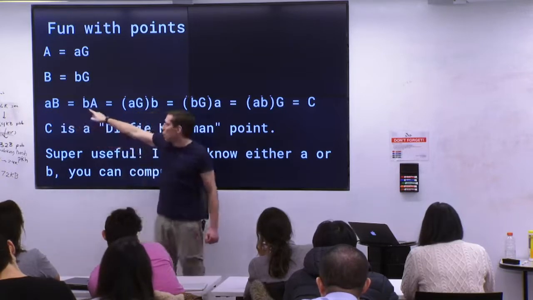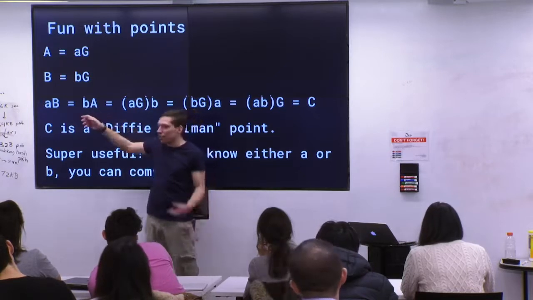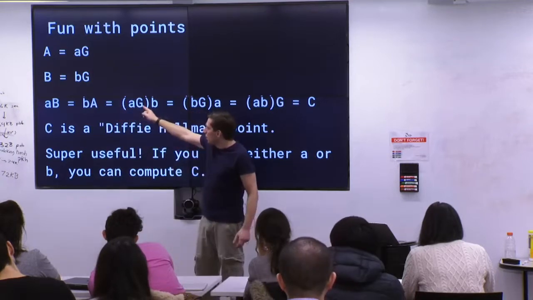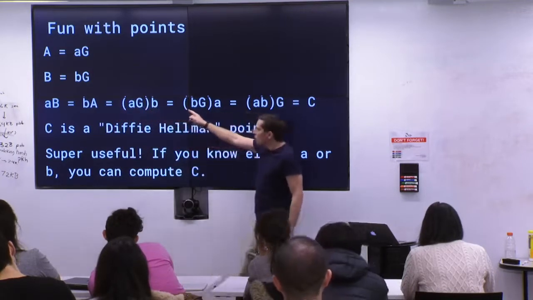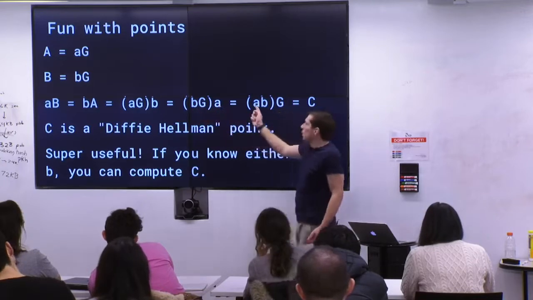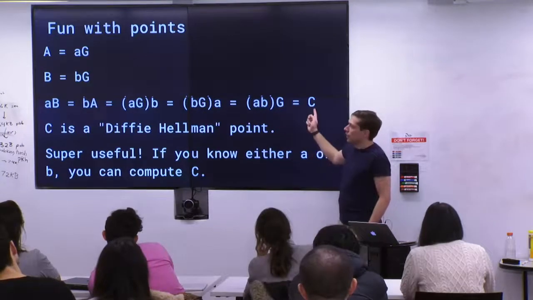Is equal to Bob's private key times Alice's public key. The multiplication is commutative. That's weird, right? It's just a times G times b, which is the same, it doesn't matter the order. It's the same as b times G times a, which is the same as a times b times G. And let's call that C.